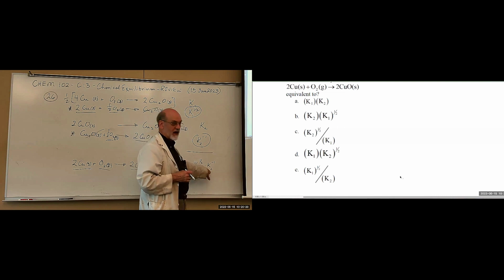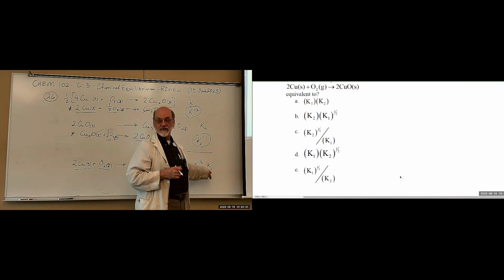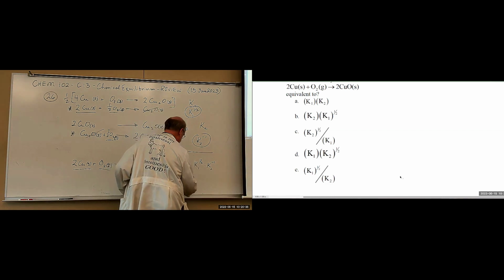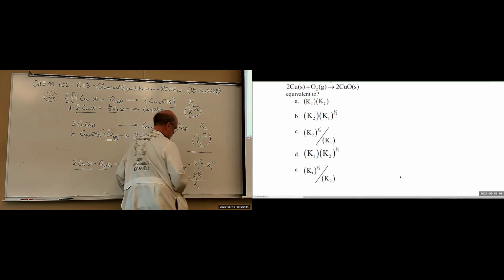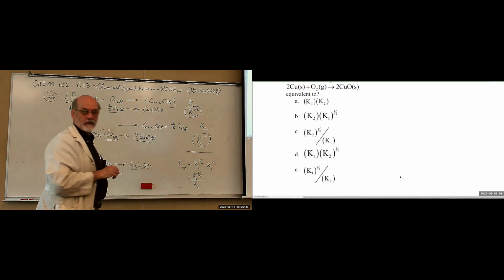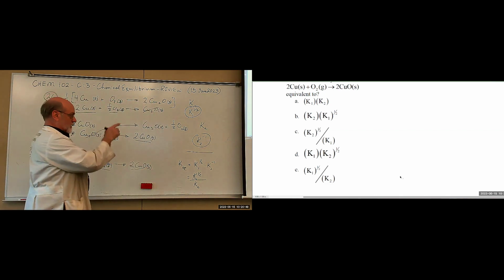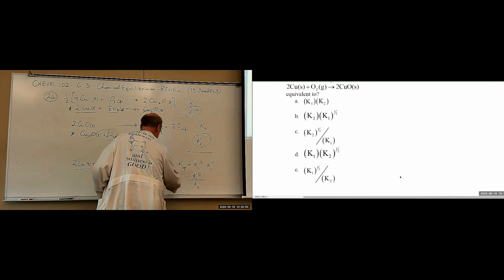This is in the denominator because it's to the -1 power. So that means we could also write it like this. Put it in the denominator. So there's your answer. E.